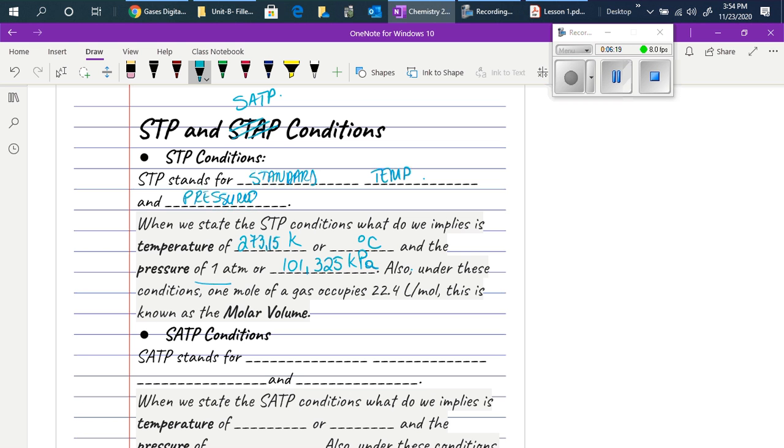Also under these conditions, 1 mole of any gas occupies 22.4 liters per mole, which is known as the molar volume.